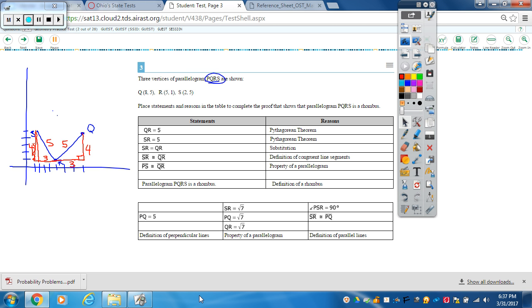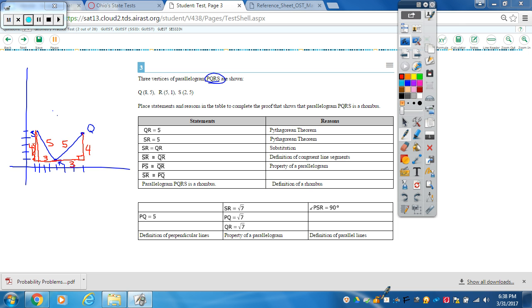Okay? Now from there, if I go ahead and take a look at this, I know that SR is going to be congruent to PQ. Let me just make sure we understand this.